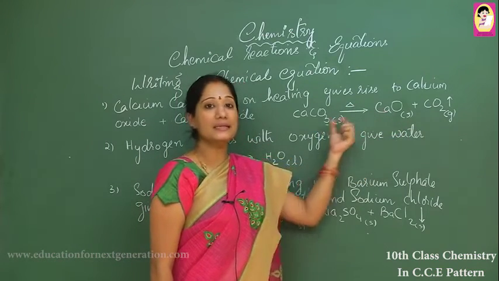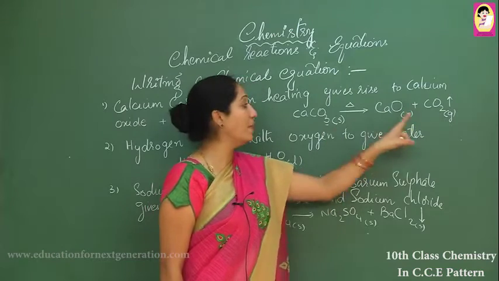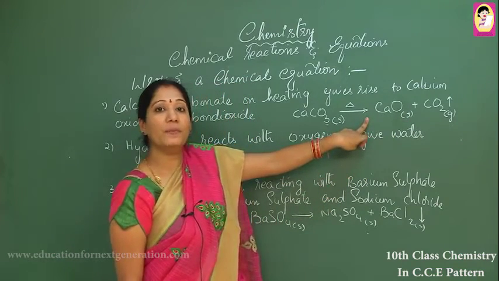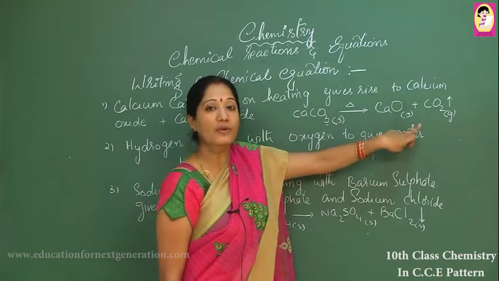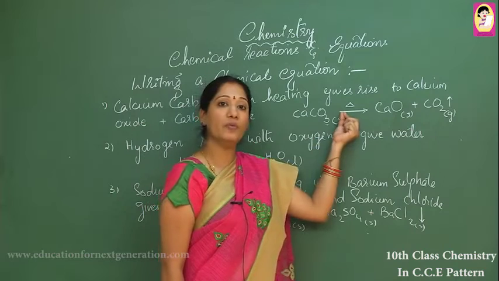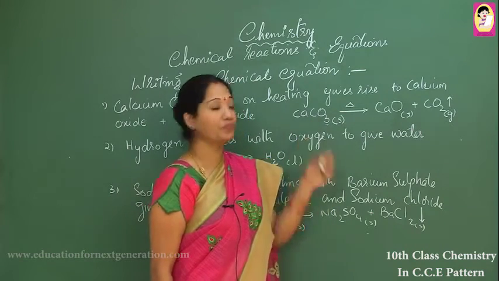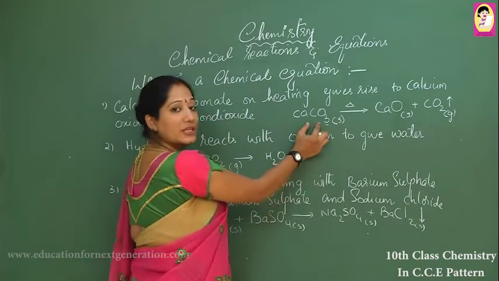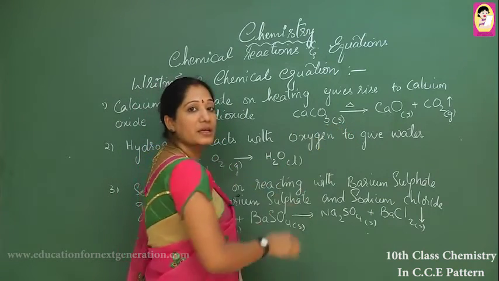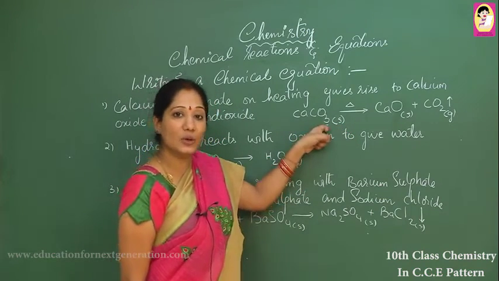The reactants and the products are separated by an arrow. The head of the arrow faces towards the product, and the tail of the arrow faces towards the reactant. At the base of the calcium carbonate, the reactant, I have written S in brackets, which represents a solid.